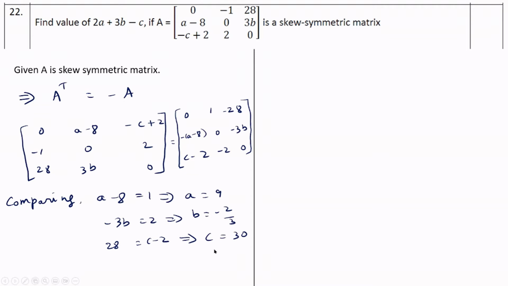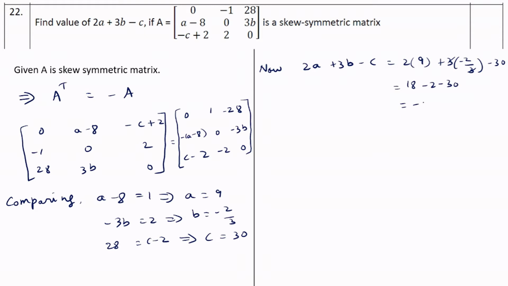So we got a, b and c. Now we can find 2a plus 3b minus c. 2a plus 3b minus c equal to 2 into 9 plus 3 into negative 2 by 3 minus 30. So this is 18 minus 2 minus 30.